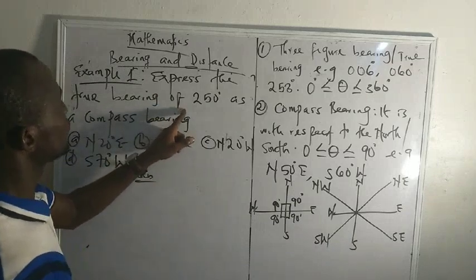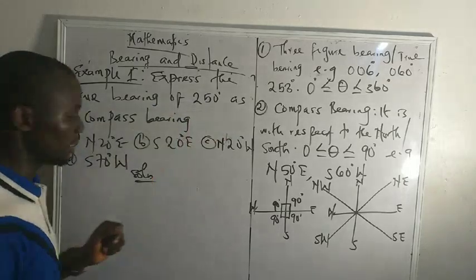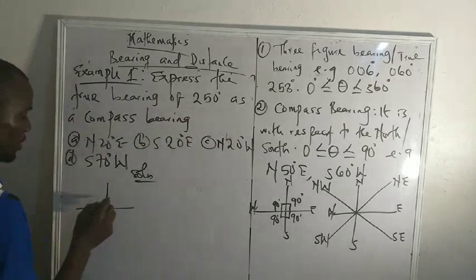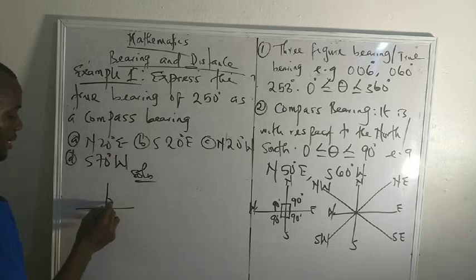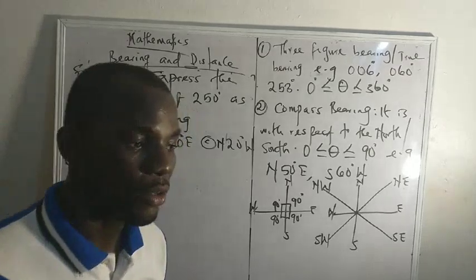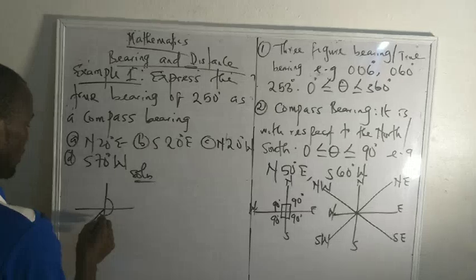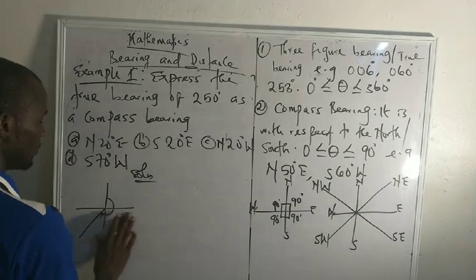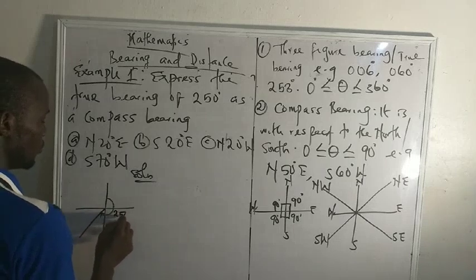First of all, we need to draw this and say this angle here is 250. So it starts like this, goes like this, and let's estimate that it stops here. Everything here is 250 degree.